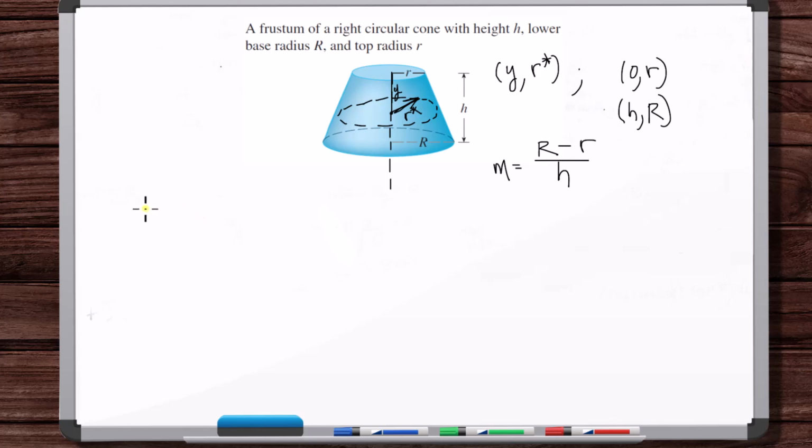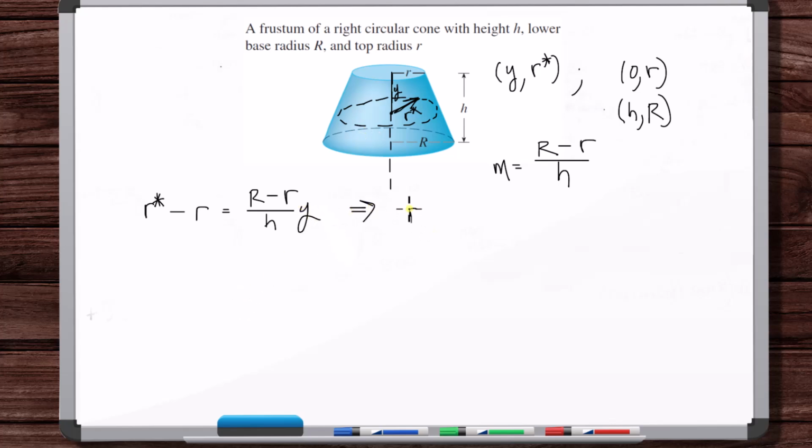So y is the dependent variable, r star minus lowercase r is equal to m times x minus x1, so just times y.